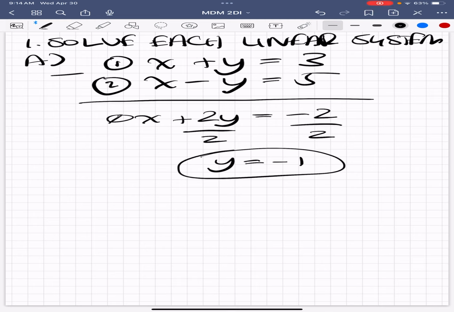By doing this, we have calculated the y coordinate at the point of intersection. So we're going to choose either equation 1 or 2, and substitute the y coordinate of the POI into the equation to get the x coordinate of the POI.